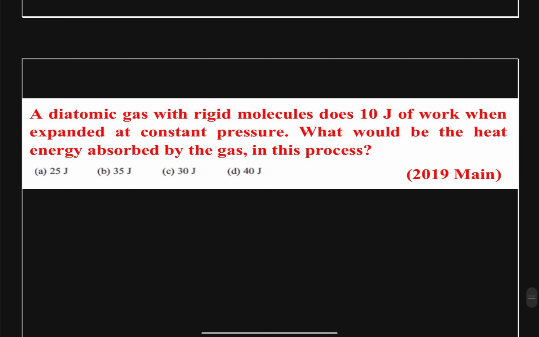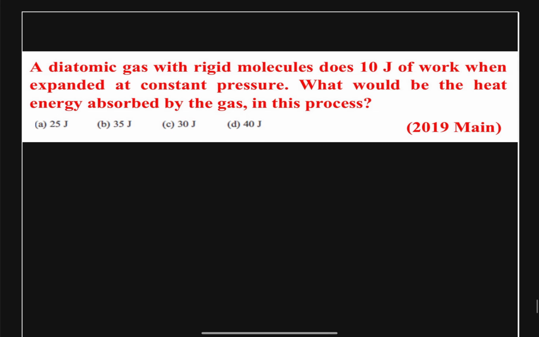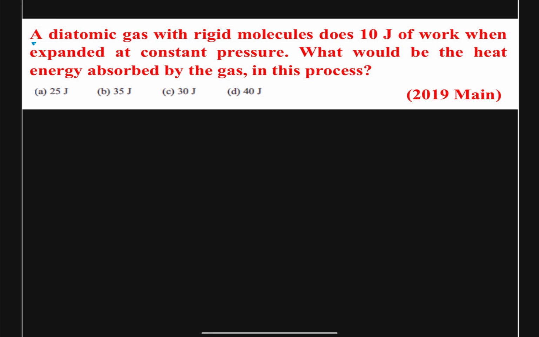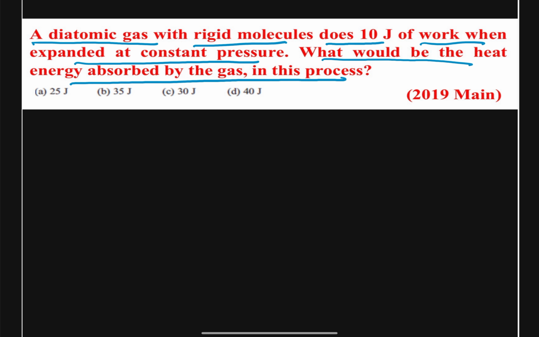It states that a diatomic gas with rigid molecules does 10 joule of work when expanded at constant pressure. What would be the heat energy absorbed by the gas in this process? Okay. So work done at a constant pressure is given to us, and we have to find out the heat absorbed. Okay. So we can use our first law of thermodynamics.